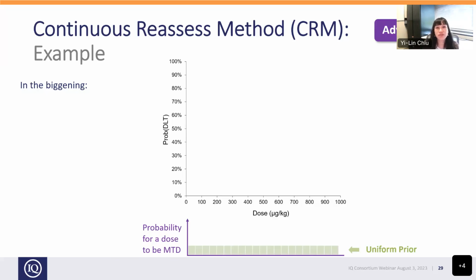So if we have 20 candidates, then it's pretty flat. It's just 5% for each dose because we have no idea which one is the MTD. So it's actually a pretty reasonable assumption to begin with. And then in the Bayesian context, we call this a flat or uniform prior. So that's what it means.